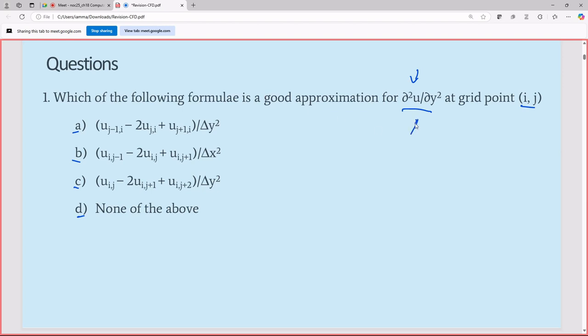Which is the scheme we will be using mostly to discretize such terms? Try to recollect and answer the question.